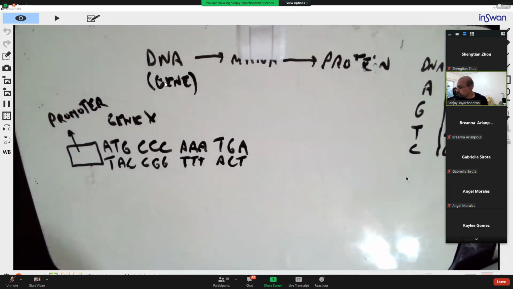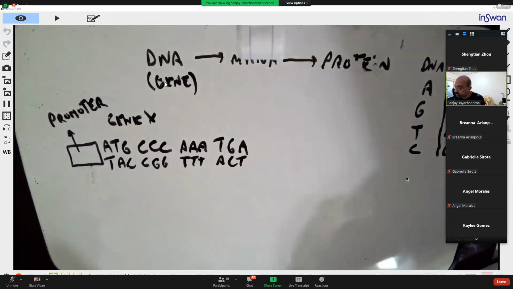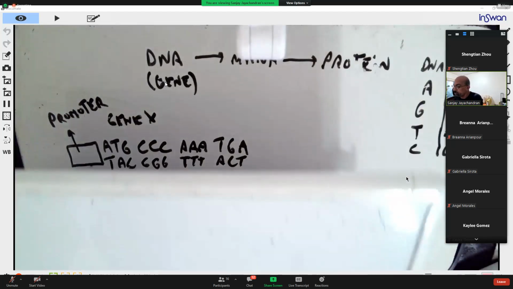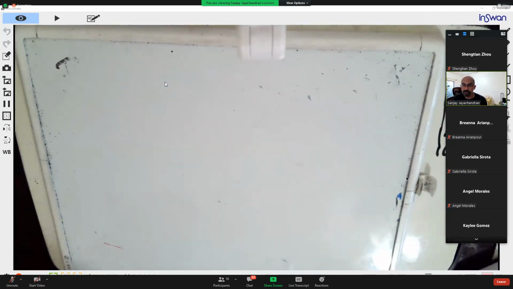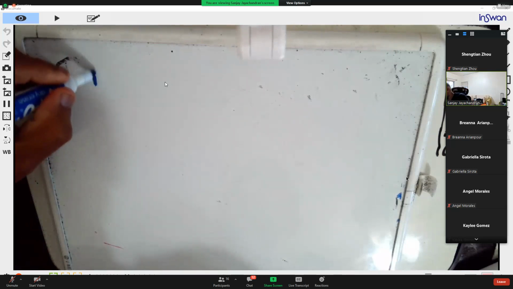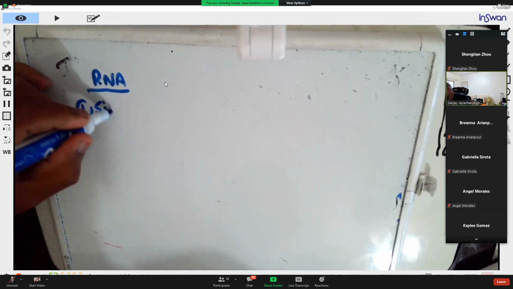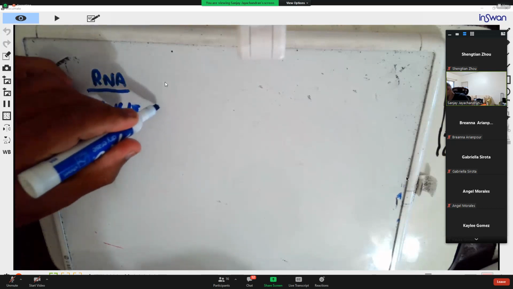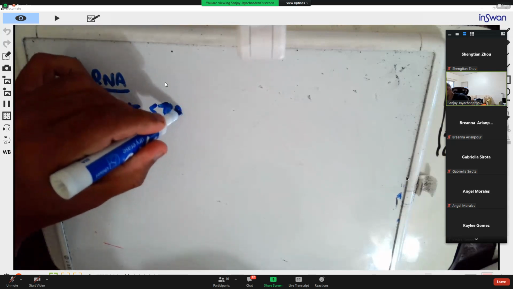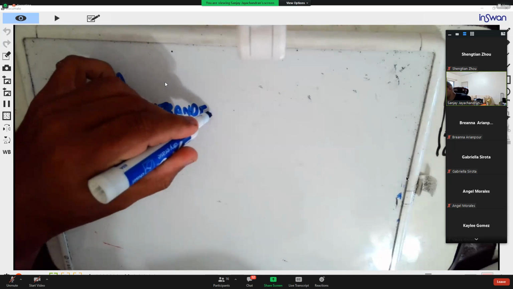Before I talk about how to make RNA, we're going to talk about RNA as a molecule. It's a little different than DNA. RNA is single-stranded. So DNA has two strands, RNA has one strand.